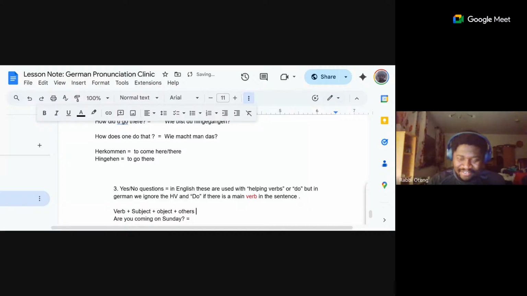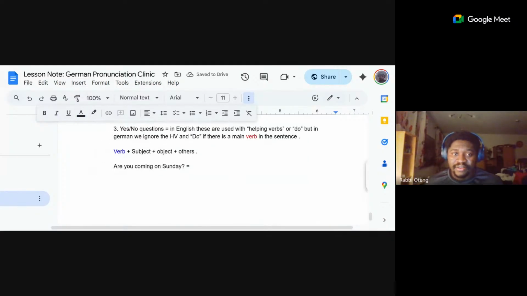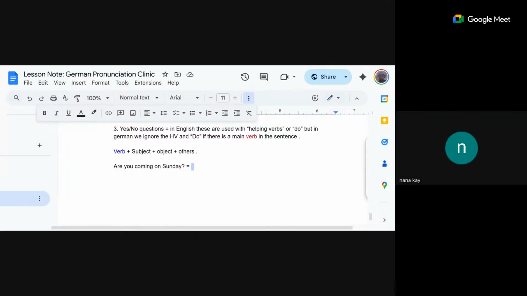Unlike the W questions and statements, where the verb is in the second position, with yes or no questions the verb is always at the beginning. So our rule says we should ignore the are and go straight to the main verb, which is coming.